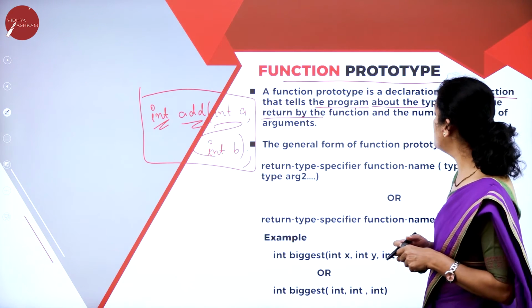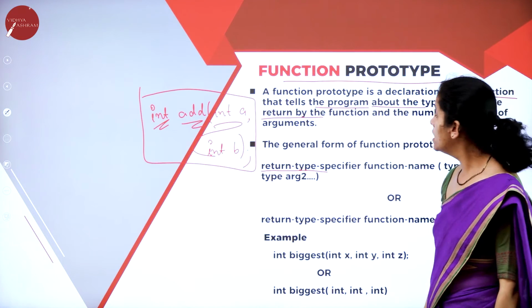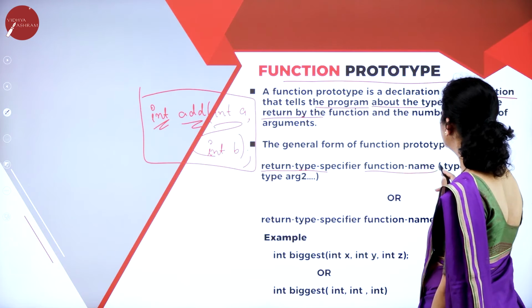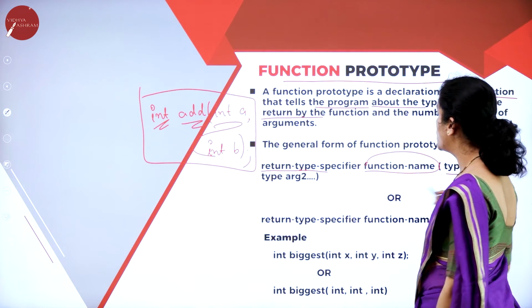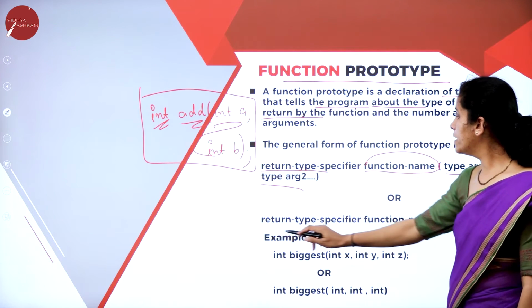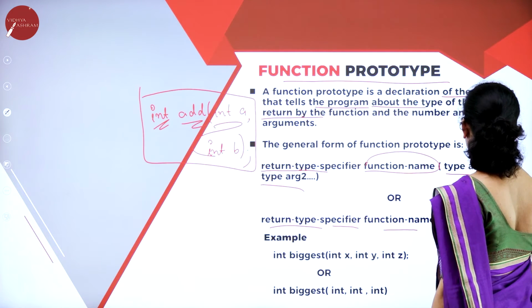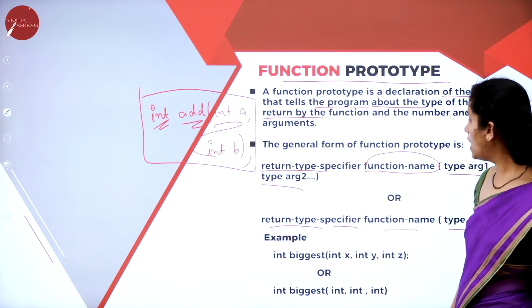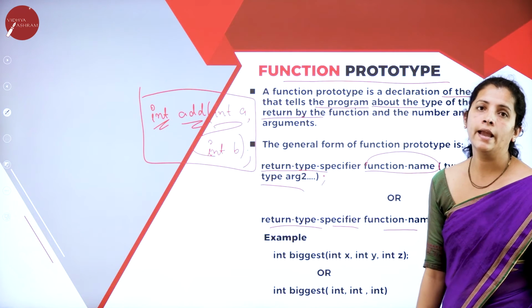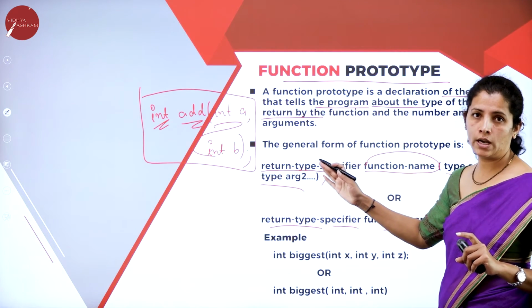So the general form here is, at the beginning, I'm going to have the return type specifier, then the user defined function name along with the argument list, and I need to place a semicolon at the end to indicate that this is a function prototype.